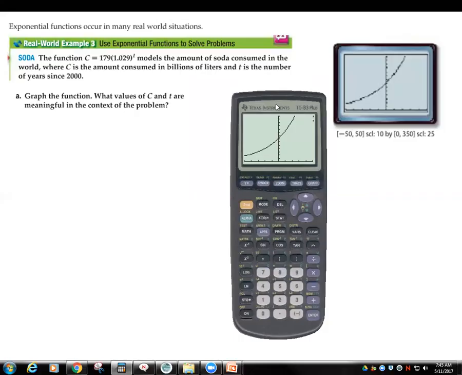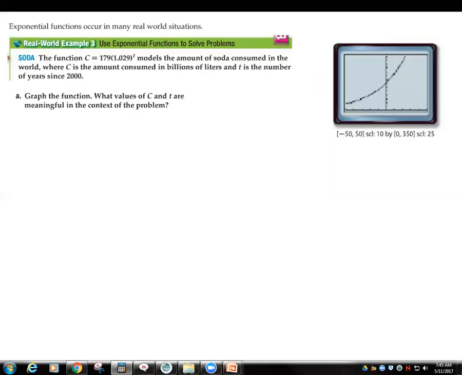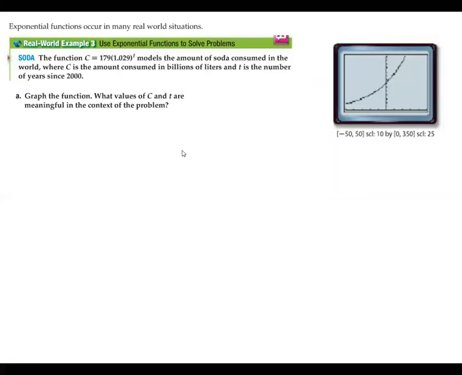Okay? Now, think about this. What values of C and T are meaningful in the context of this problem? Well, what do C and T represent? C represents the amount of soda consumed, and T represents years. Since T represents time, it makes sense to think about T being greater than 0.